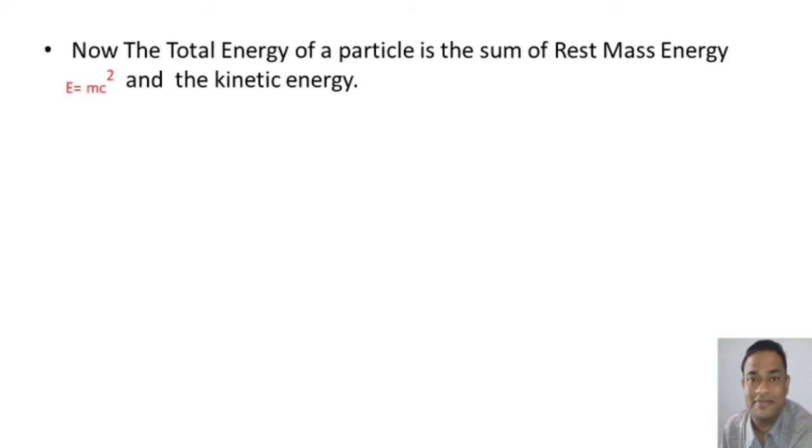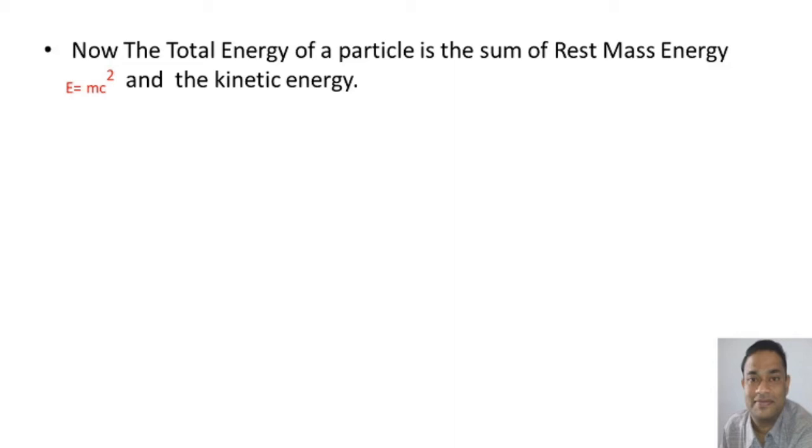Now, for a moving particle, the total energy of that particle is the sum of its rest mass energy, E is equal to mc square, plus its kinetic energy. We all know that if a particle is in motion, it has kinetic energy.